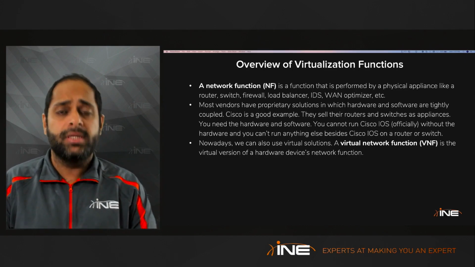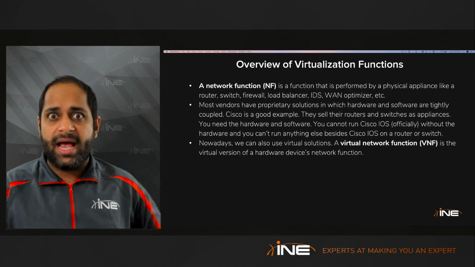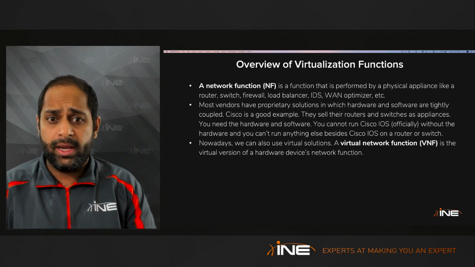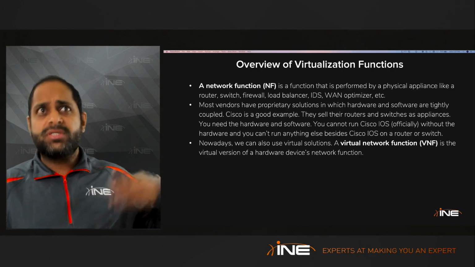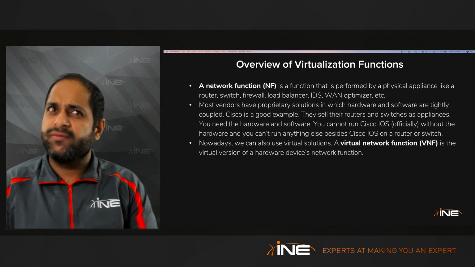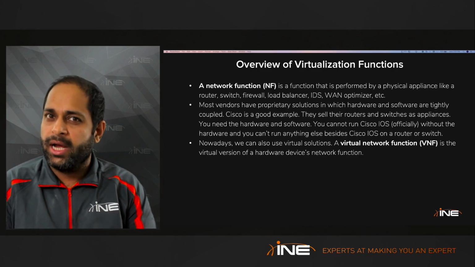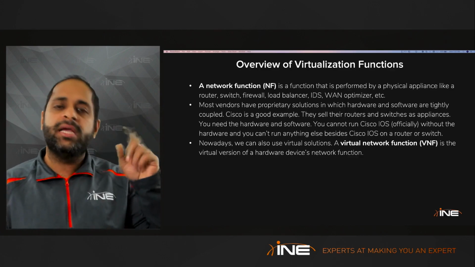Virtualization is an option. Nowadays we have virtual devices, and Cisco also has virtual devices that you can deploy. So a virtual solution becomes more scalable. Now a VNF, a virtual network function, is basically a virtual appliance which was originally hardware.